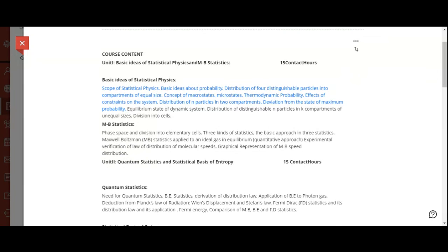Now what we have left is the equilibrium state of a dynamic system. Tomorrow we will do what is a static and dynamic system, and one article remained: distribution of indistinguishable particles in k compartments of unequal size. Equal size we have done. I will tell you what this is. Revise this particular derivation.